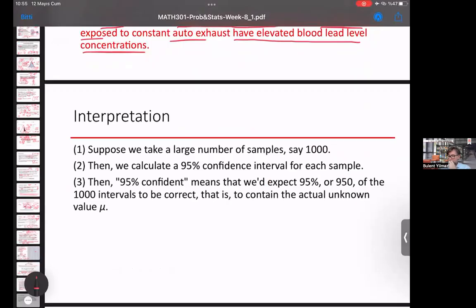Okay, so 95% confident means that you would expect 95%, or 950 of the 1,000 intervals, to be correct, that is, to contain the actual unknown value. Okay, friends, how do I calculate a confidence interval? What do I need to calculate the confidence interval?